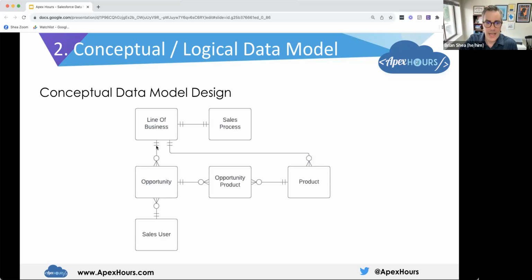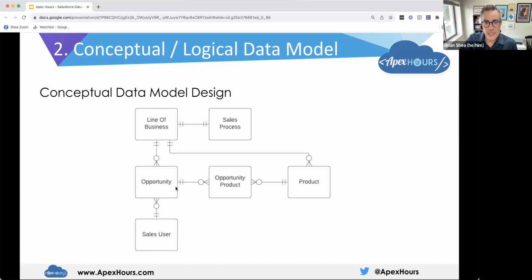And this bar means exactly 1. So a line of business can have 0 to many opportunities, but an opportunity has exactly 1 line of business. And to go through the rest of this example, a line of business has exactly 1 sales process. And in this example, the sales process has 1 line of business.